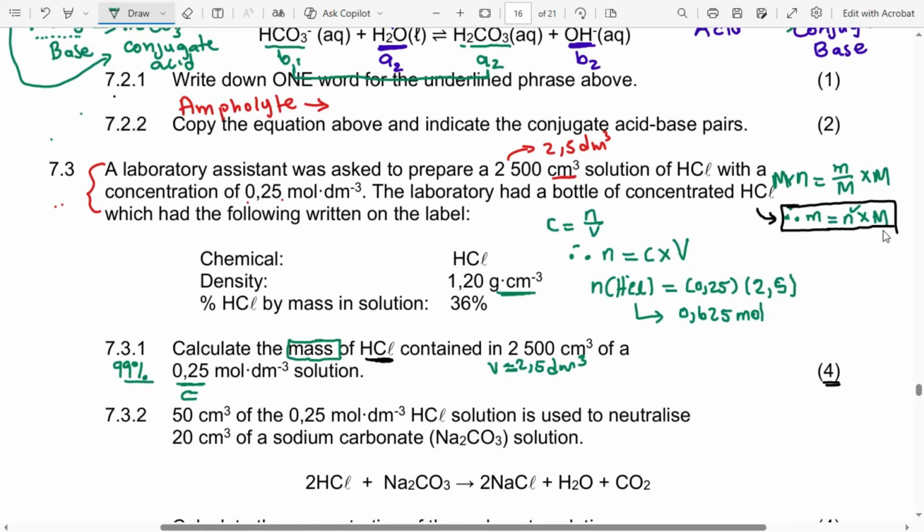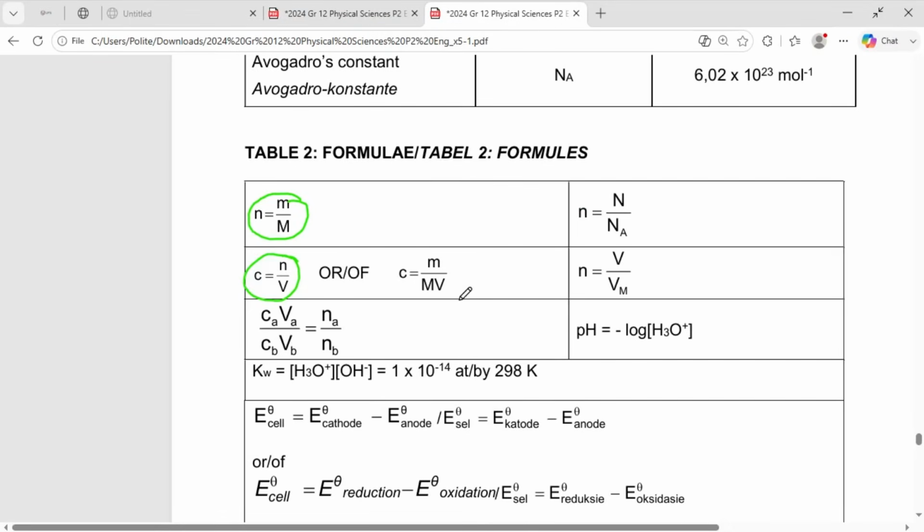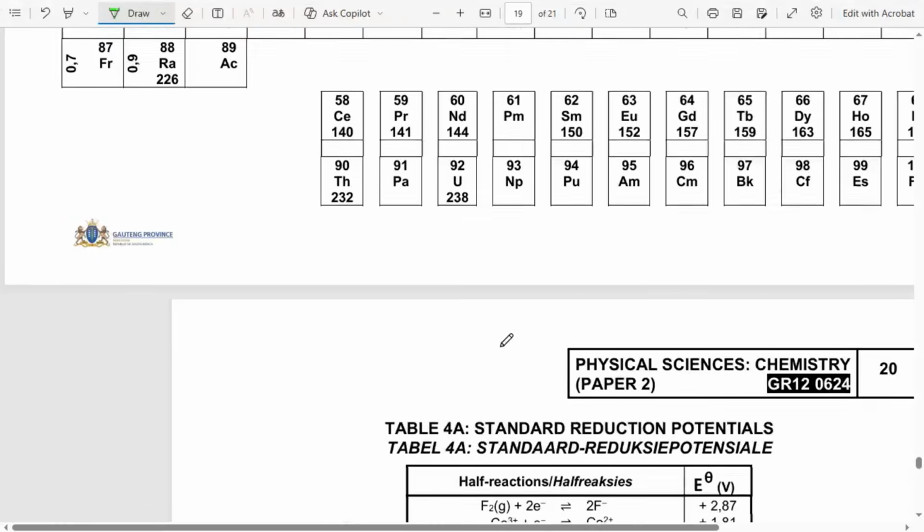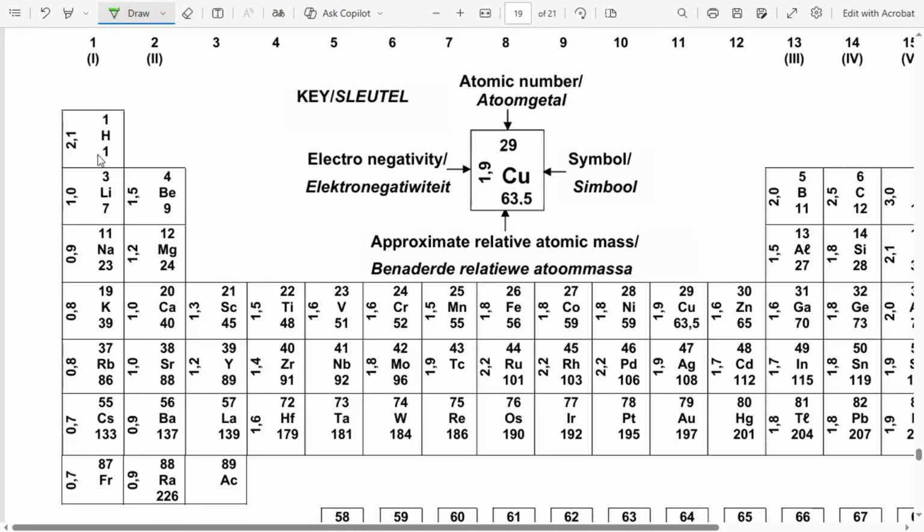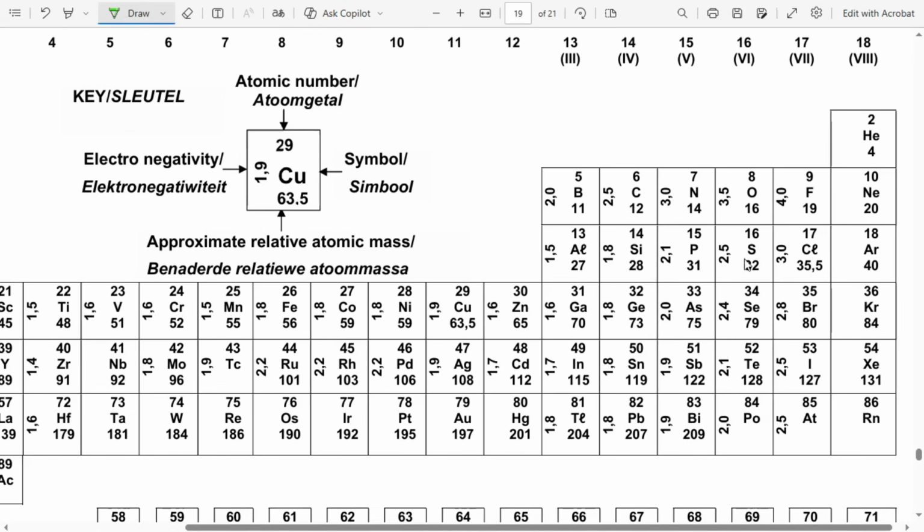You have the number of moles. We're looking for the molar mass. So we need to look for the molar mass of what? Hydrochloric acid. You use your periodic table to find H and Cl. The number below H is 1, and the number below Cl is 35.5.